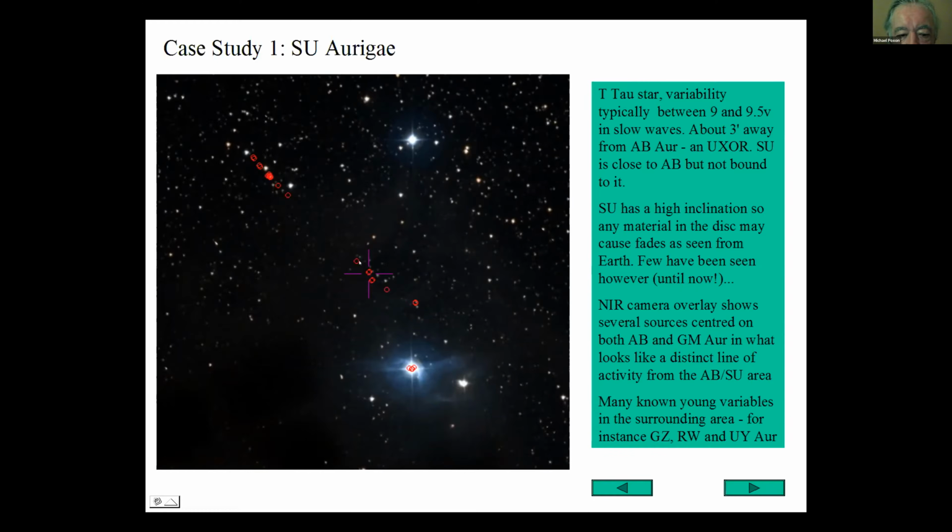So very, very young protostars, I suppose. These two stars here, AB and SU, have what's called common proper motion. So they're not technically a double star. They're not going round each other, but it looks as though they were both created at the same time in the same general area, because they're traveling together through space.